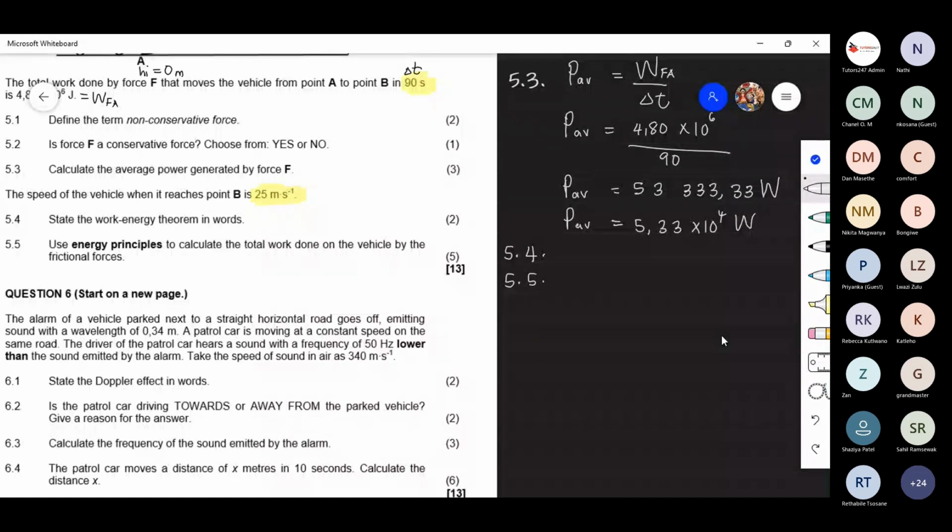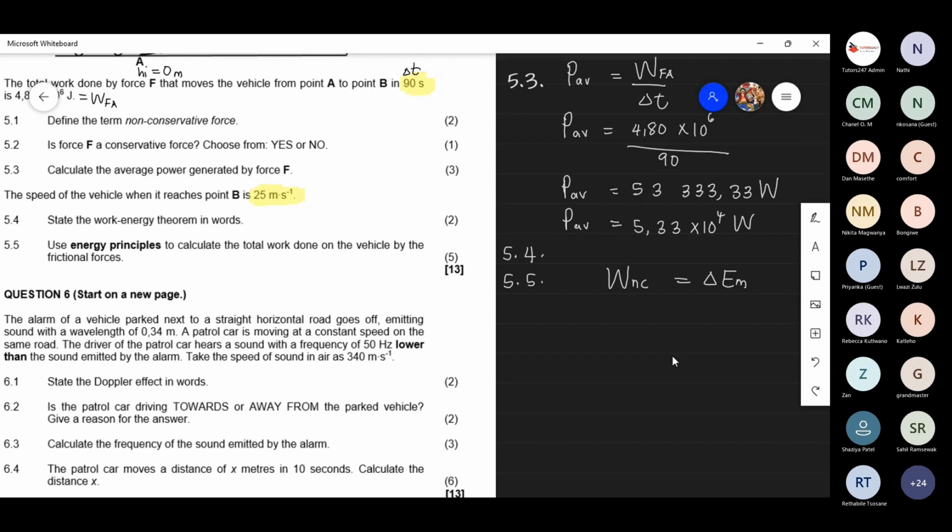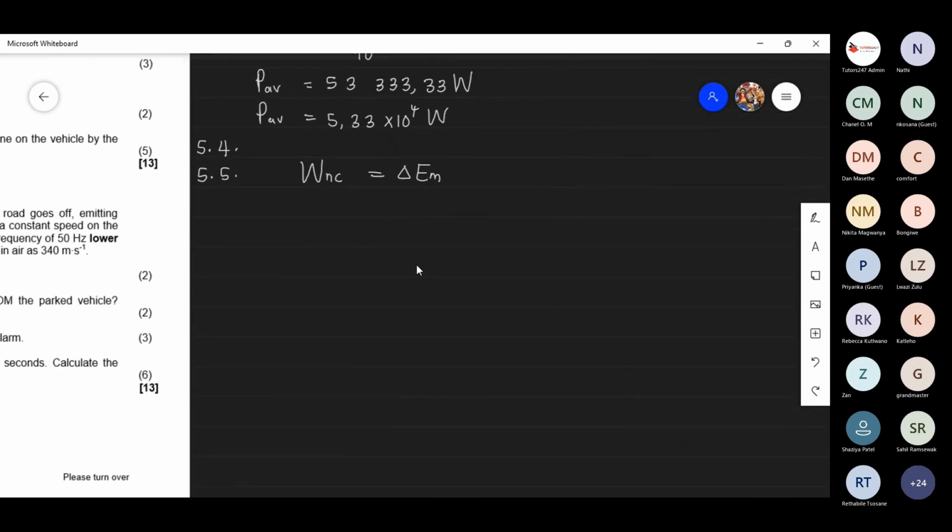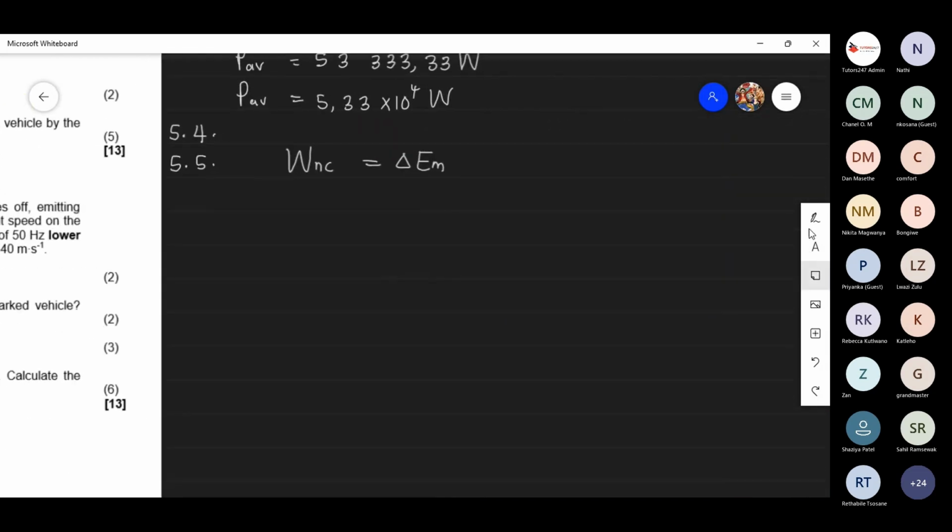So let's start with our formula. Our formula is work done by non-conservative forces equals change in mechanical energy. Now, I don't want to use up a lot of space, so instead of writing mechanical energy, I'm going to break up what mechanical energy is.